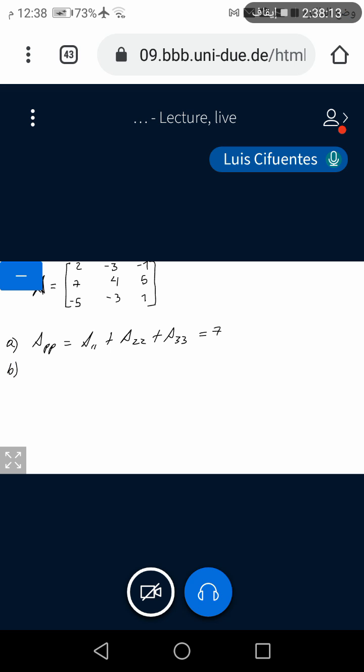Then B is just the product of this matrix with the following index: A_PQ, A_PQ. So in this case, we have a scalar.